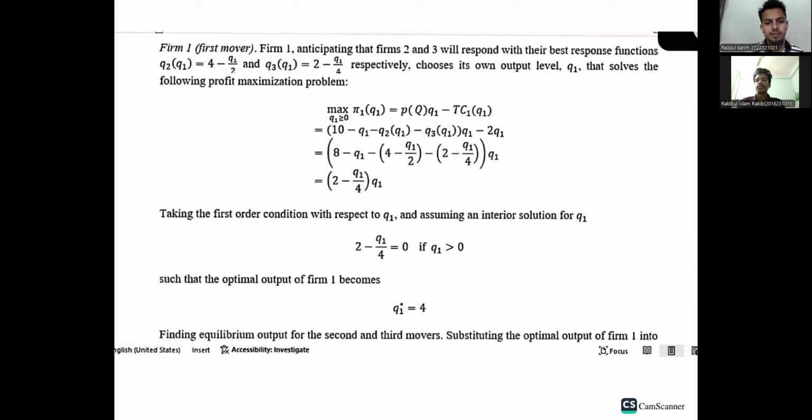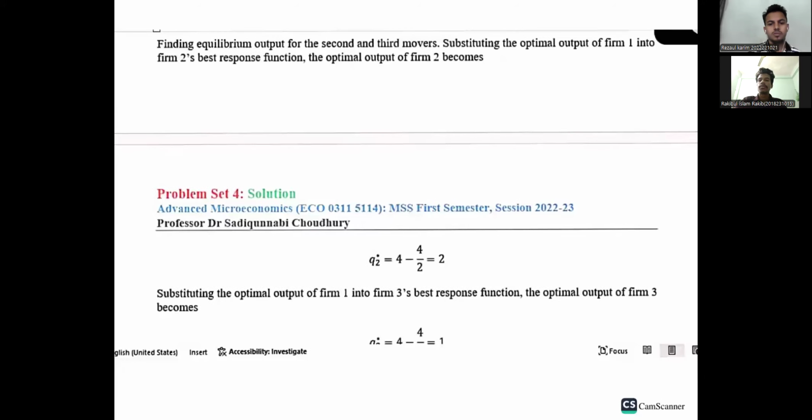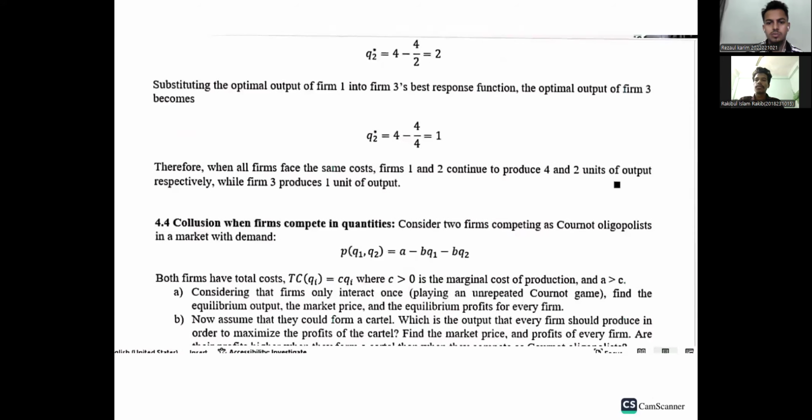Okay. Finding the equilibrium output for the other movers, substituting the optimal output of farm 1 into farm 2's best response function, q2 equal to 2. Similarly substituting for farm 3, q3 equal to 1.